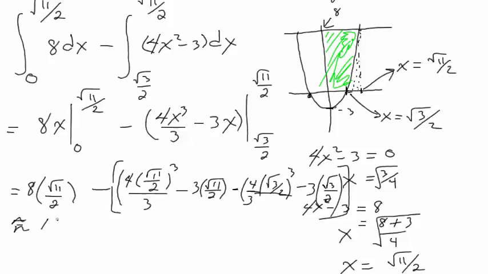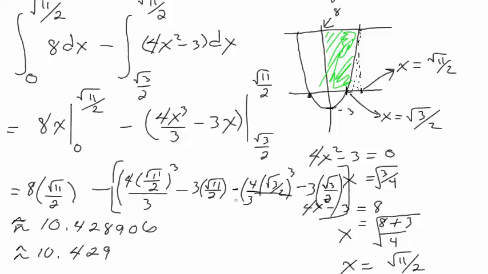I think we were rounding to, I got 10.428906. Rounding to 3 decimal places, 10.429 is what I'm getting. 10.429. Alright, sorry that's kind of sloppy.